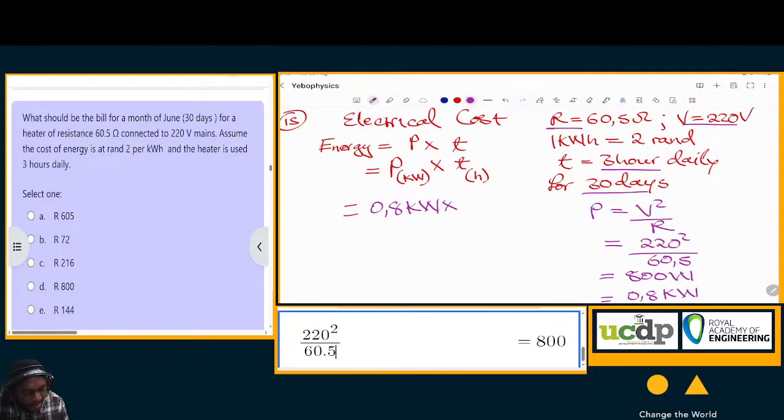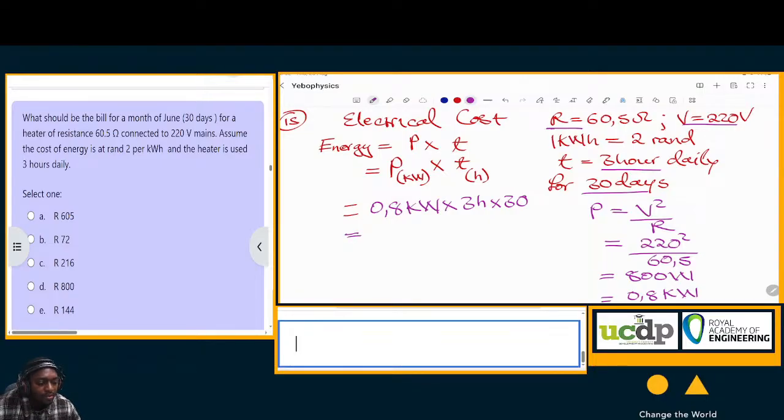So you have to multiply your 3 hours by 30 days. So this will be 0.8 multiplied by 72.